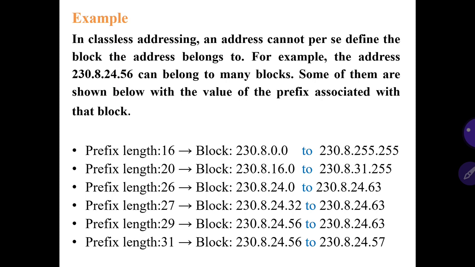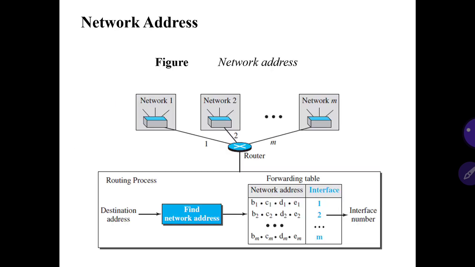If prefix length is 27, the range is 230.8.24.32 to 63. Similarly, if prefix length is 31, the block range is from 230.8.24.56 to 57. In this way, depending upon the mask length, the address values also vary. It is very helpful for making a subnet.